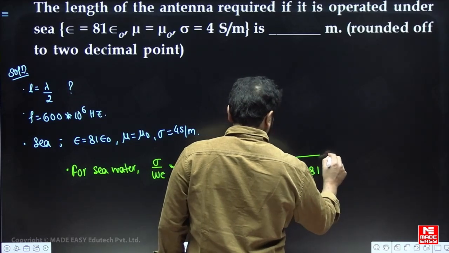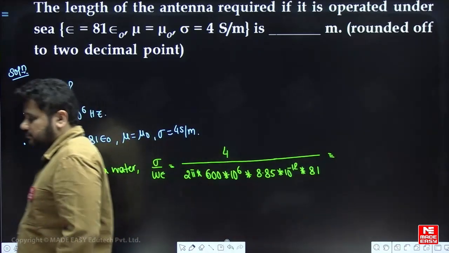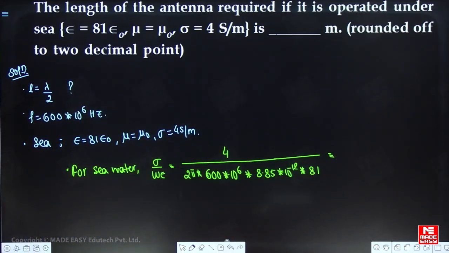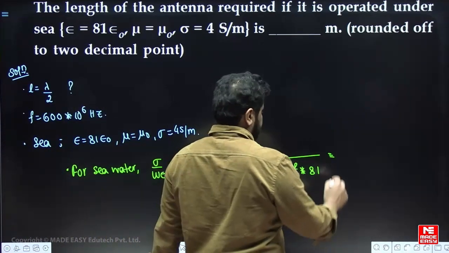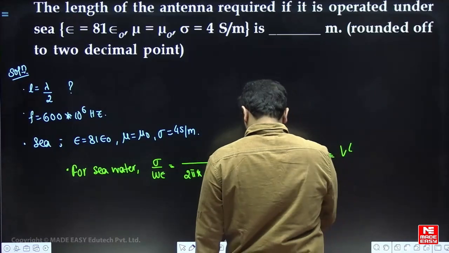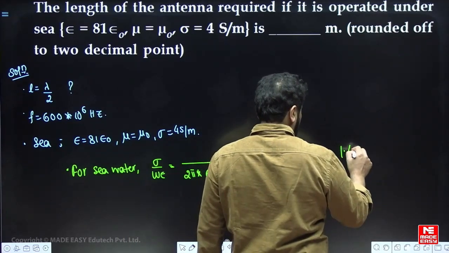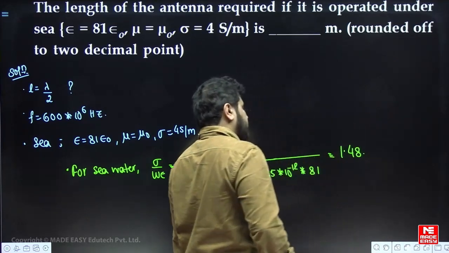So let us calculate this value. So this is 2 pi into 600 into 10 to the power 6 into 8.85 into 10 to the power minus 12 into 81. So this is 4 divided by answer, 1.48. So I am getting 1.48.